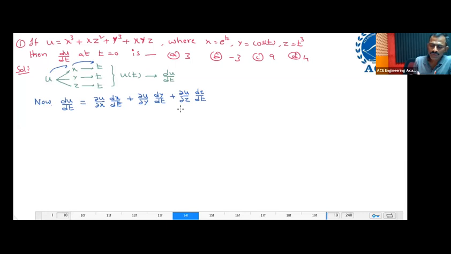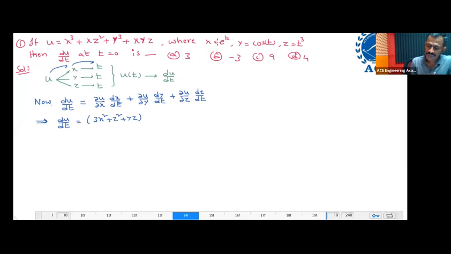All functions are known, so we find the derivatives and substitute, which implies du by dt equals u with respect to x, which is 3x square plus z square plus 0 plus yz, into dx by dt.